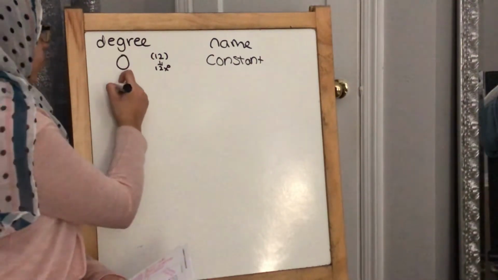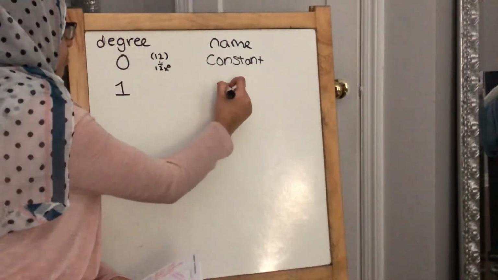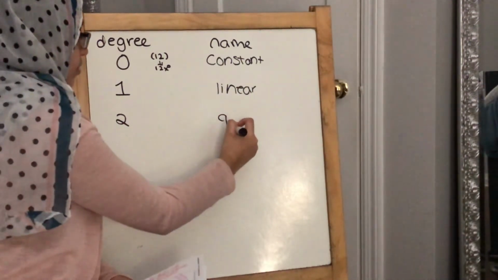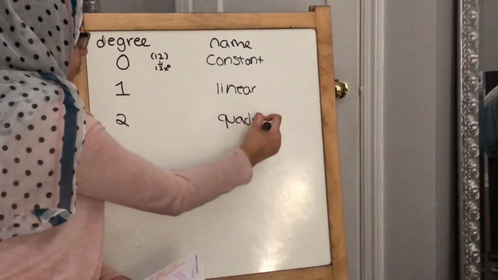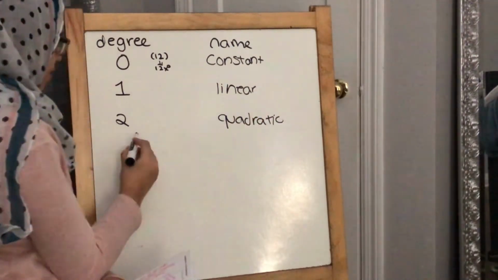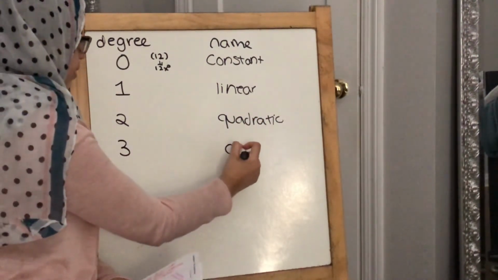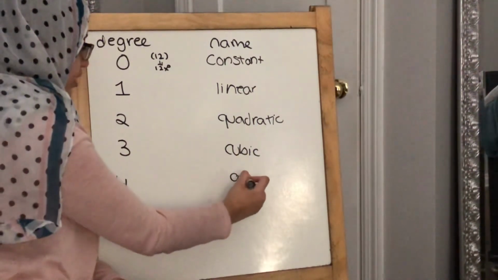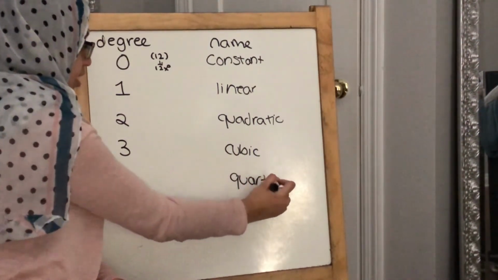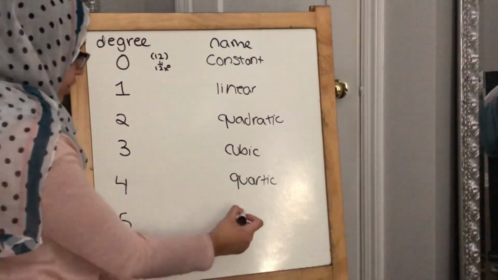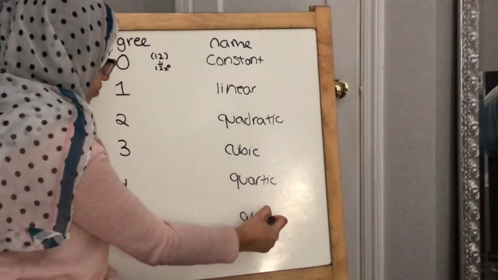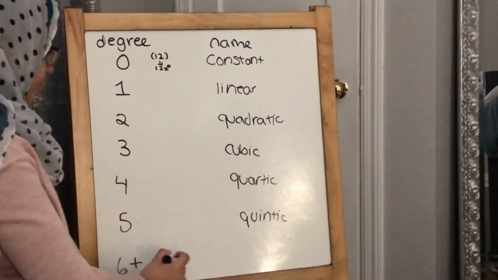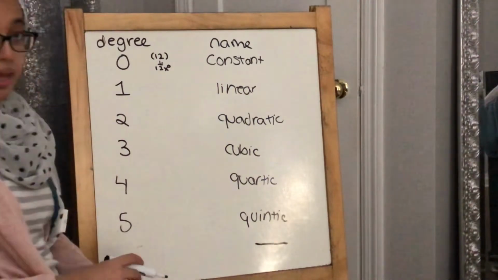If I have a degree of 1, it's linear. If I have a degree of 2, it's quadratic. If I have a degree of 3, it's cubic. If I have a degree of 4, it's quartic. If I have a degree of 5, it's quintic. And if I have a degree of 6 or more, there's no specific name.